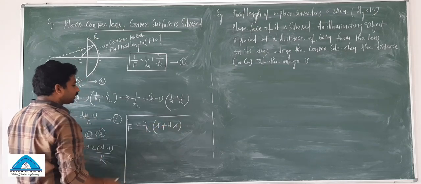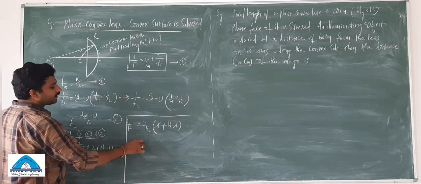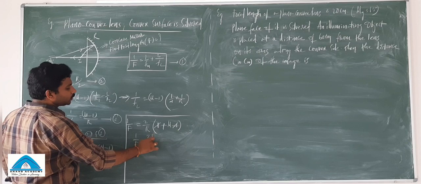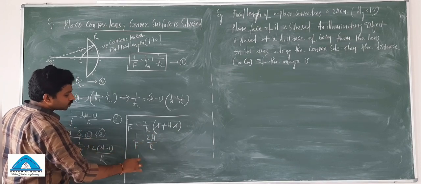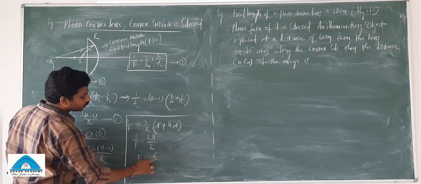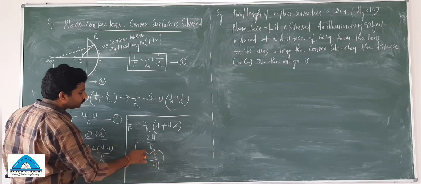Plus 1 minus 1 cancel here. So 1 by net focal length will be equal to 2 mu by R. So net focal length will be equal to R by 2 mu.